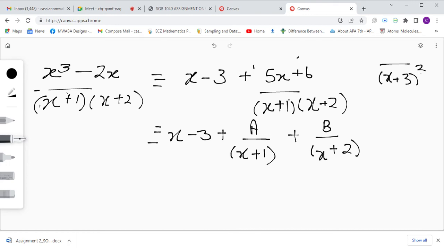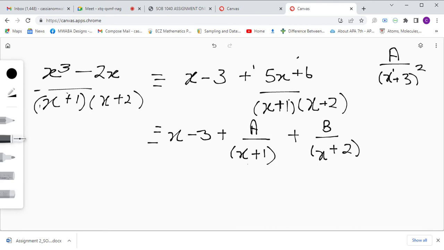So you're not going to worry about that; you're still going to have a constant as your numerator. In cases where the denominator is to the power 2, 3, or 4, your numerator is still going to be less by one degree, and you're still going to take this as x to the power 1. I just hope you take note of that.